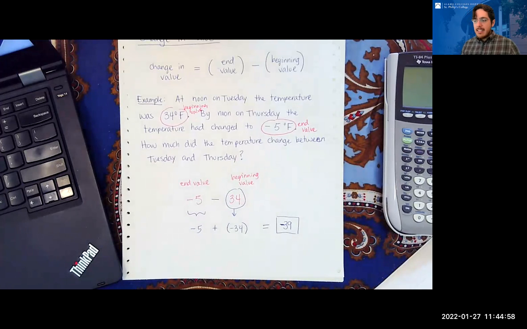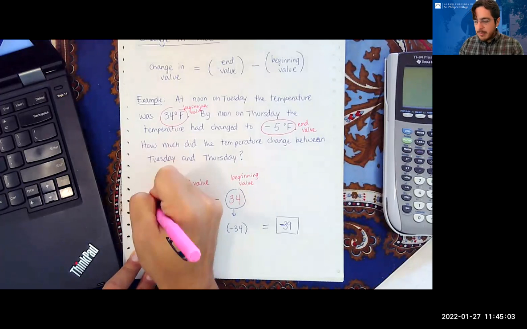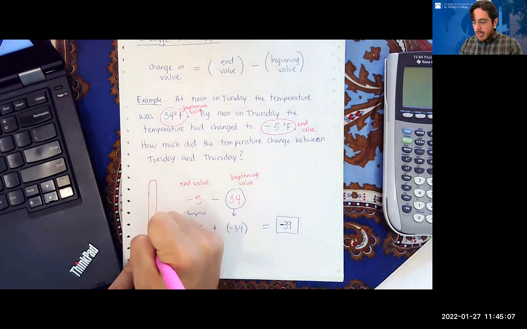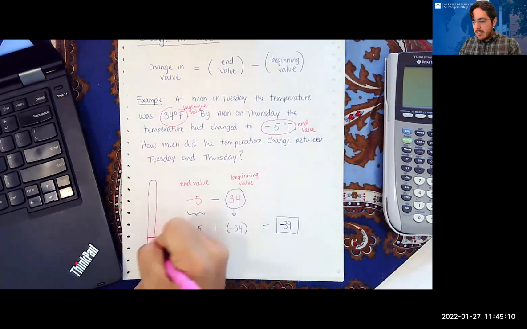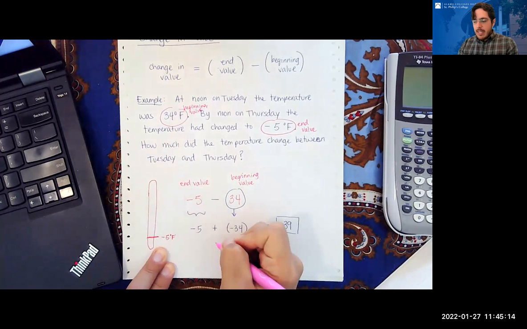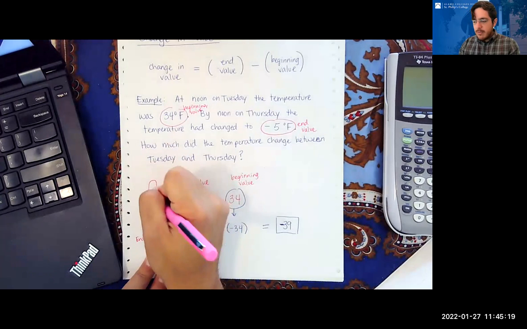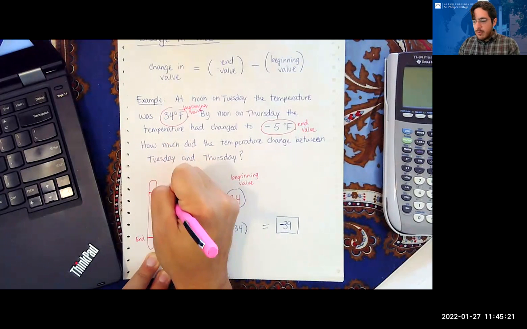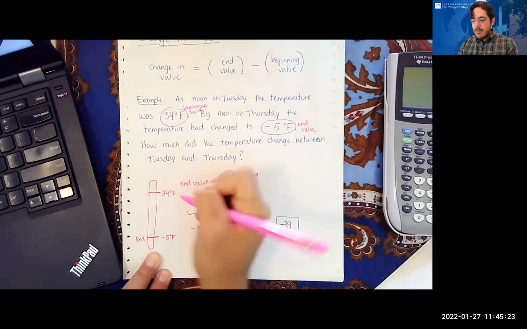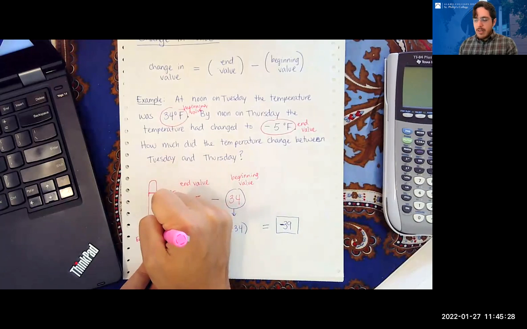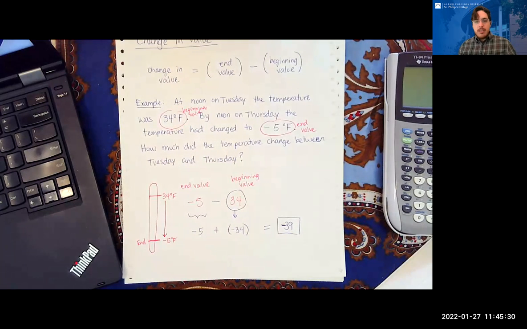And that should make sense because our end value, if we think about a thermometer, and so let me just draw sort of a thermometer, usually they're vertical. The thermometer down here is saying we're at -5 degrees Fahrenheit. That is our end point. But we started off at 34 degrees Fahrenheit. So to go from our starting point to our ending point, what direction did we go?